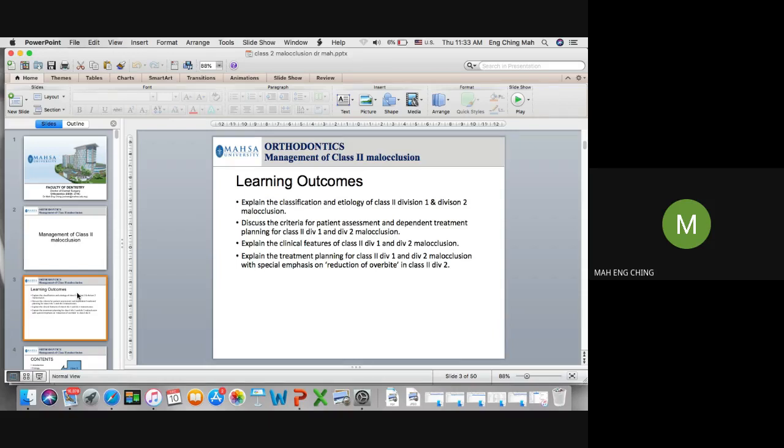Then if they are already late, they're not growing, adult patient, mostly they end up with what we call the surgery treatment for severe class 2. But if you do this mild to moderate class 2, then usually you can deal with what we call the fixed braces plus extraction most of the time. I think that summarizes the treatment planning for class 2 division 1.